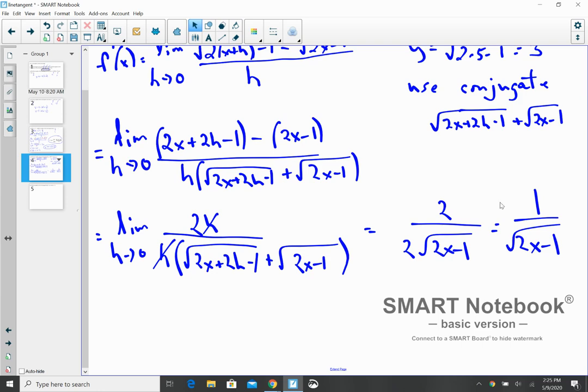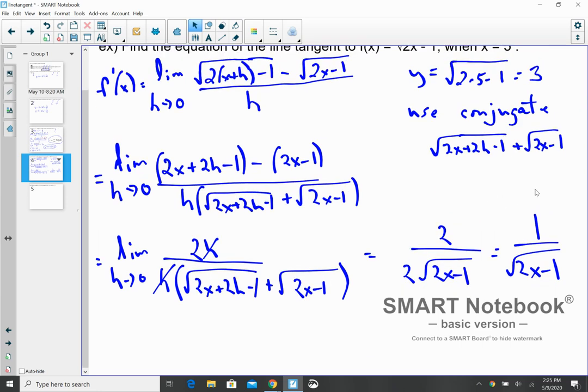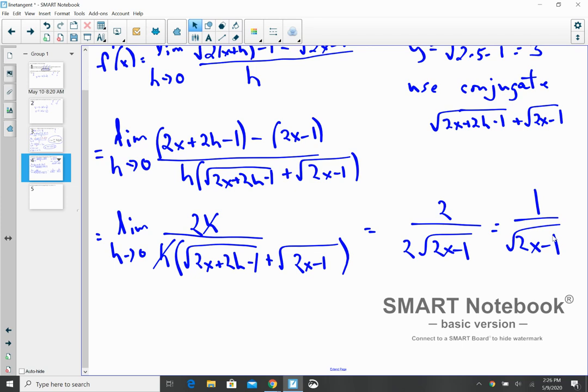Now plug in the x value, which was 5, into that right there. So then f prime of 5 is going to equal 1 over, let's see, the square root of 2 times 5 minus 1, which is going to equal 1/3. Okay, that's 1/3.